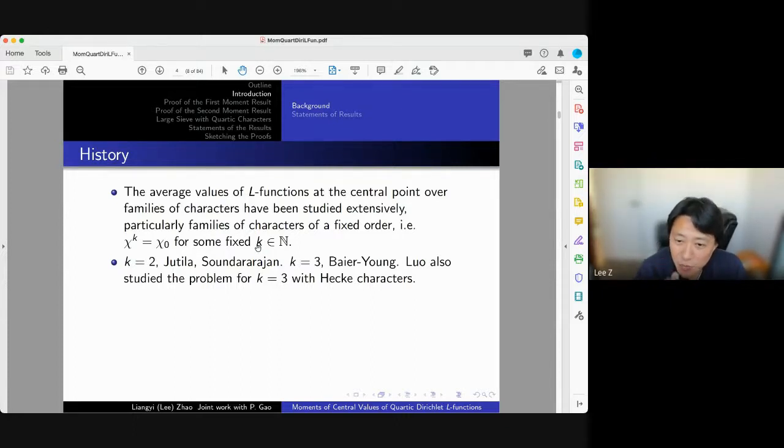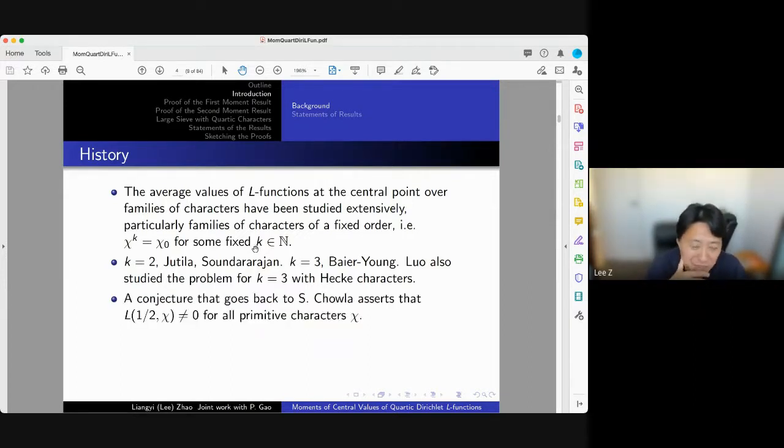Wenzhi Luo also studied a similar problem for k equals 3, but with Hecke characters. Hecke characters aren't Dirichlet characters, but they're related, as we will see later if I have time. They can be thought of as homomorphisms on some extension ring of Z.